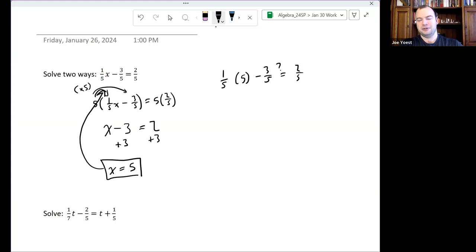1/5 times 5. In this case, I don't want to cancel the 5s because I eventually want to subtract these two fractions with the same denominator. So if I did 5 over 5, and if I made that 1, then I just have to undo that again to combine it with the 3/5. So in this case, I will choose to multiply this against the numerator.